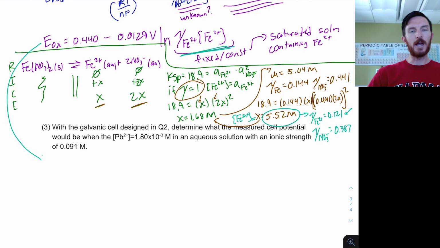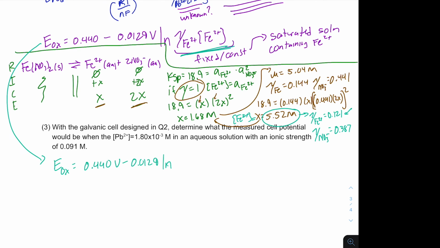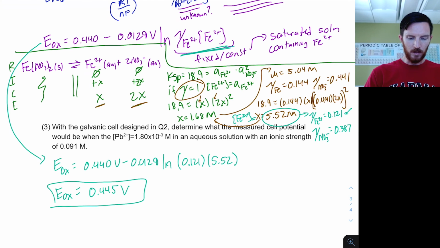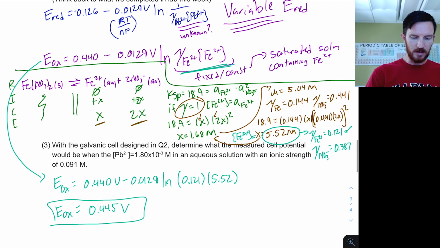And so now we have this fixed scenario for our oxidation potential. So let's go ahead and calculate that. Once we do this, we're going to get a standard fixed oxidation potential of 0.445 volts.